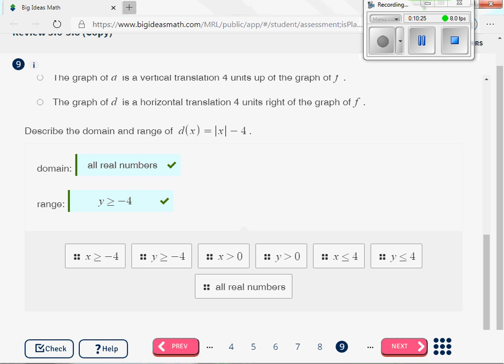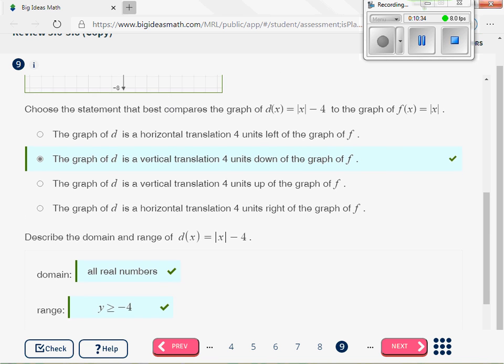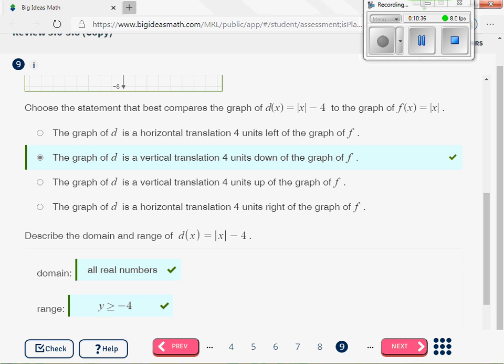So the range would be y is greater than or equal to -4. Questions on this here? Any questions on this one here?